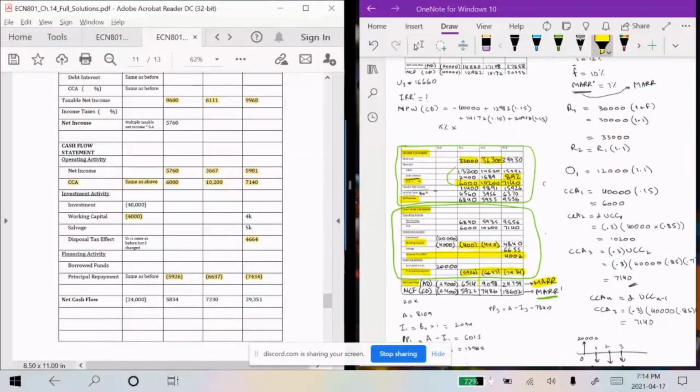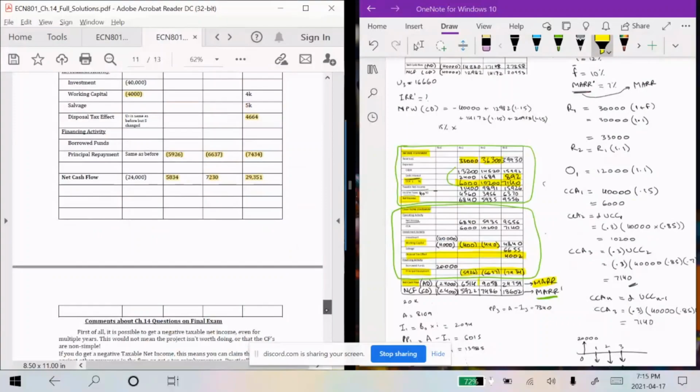926, 6637. Net cash flow would change because the net income is going to change. So basically the net cash flow, when you add all this up, it's going to change. If you see 5834, 7230, these are not the values that we got earlier. That's the thing that's going to result in a change in the present worth, right?